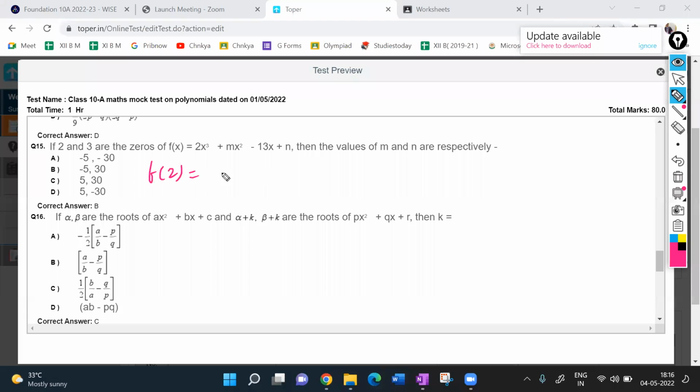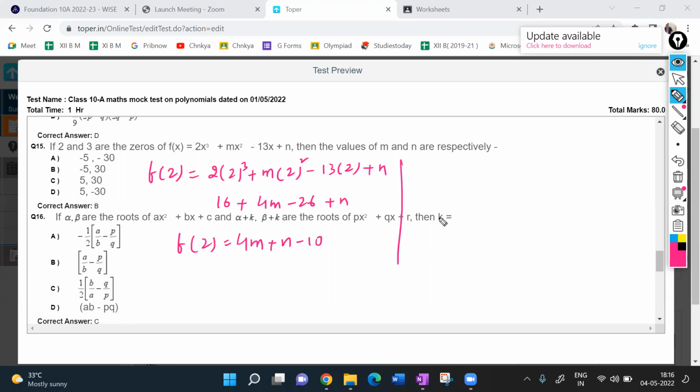What do you get here? 2 into 2 cube, 8 into 2 is 16, 4m minus 26 plus n. So 4m plus n minus 10. This is f of 2. Okay.